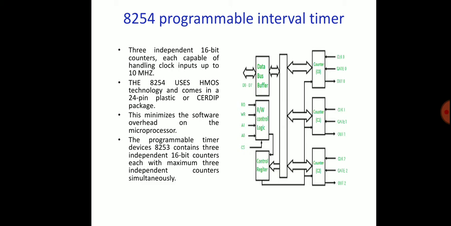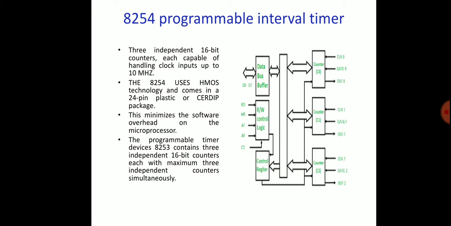Now we see the 8254 programmable interval timer. In this diagram, the data bus buffer is a 3-state bidirectional 8-bit buffer used to interface the 8254 to the system bus. The data is transmitted or received by the buffer upon the execution of input or output instructions.